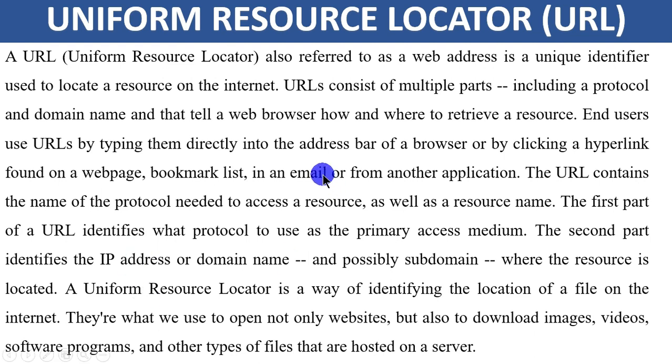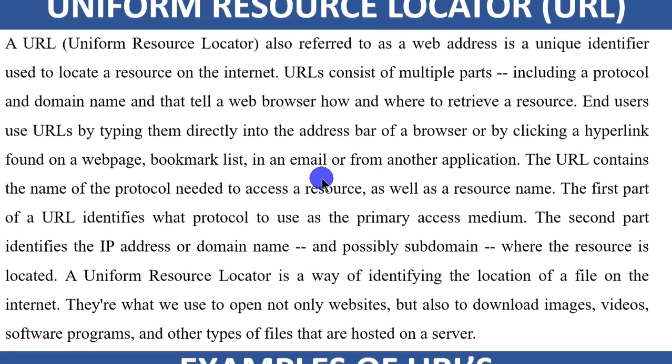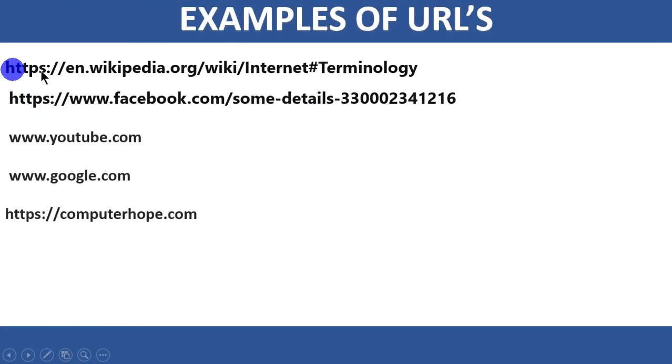So we are going to look at some examples of this Uniform Resource Locator. These are some examples I have here, and when you type them or copy and paste them into your address bar, they are going to display their related web page within your open browser.